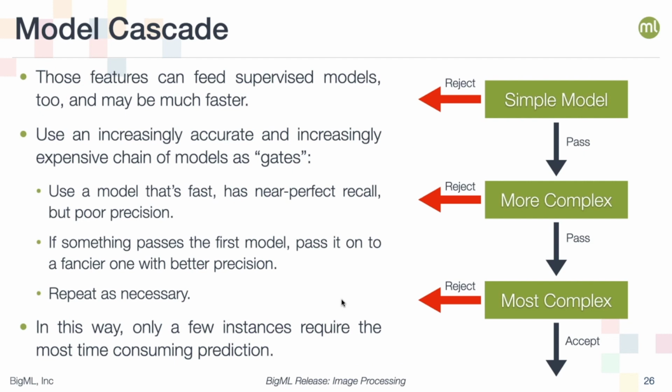You put this model right on the front lines. Most of the images only see this model and get rejected, and the other ones that are potentially positive fall through to the more complicated CNN to do all the fancy processing. This comes up a lot in image processing, because a lot of the time you're talking about problems with huge class imbalances. Security cameras come to mind, where the vast majority of images you see are normal.